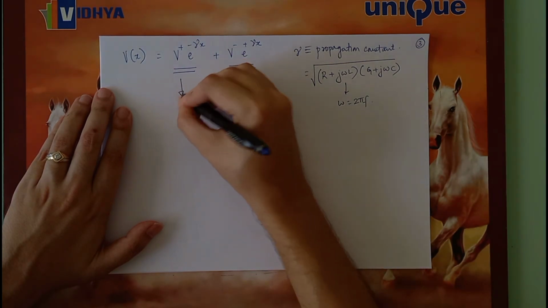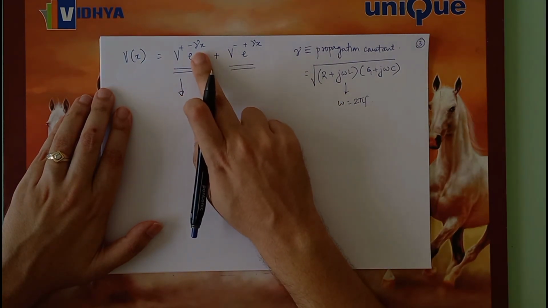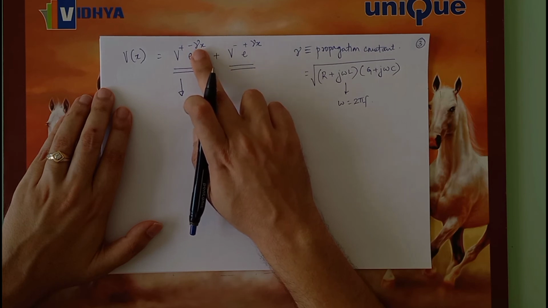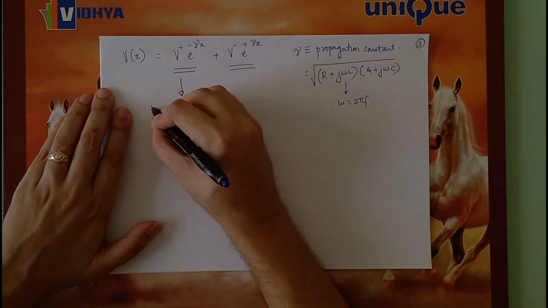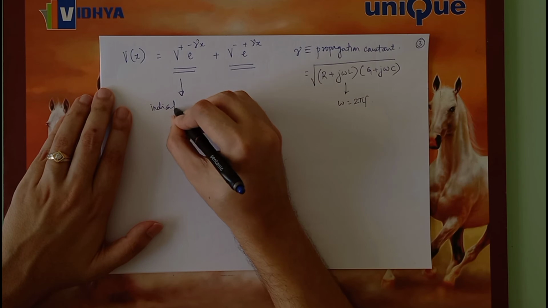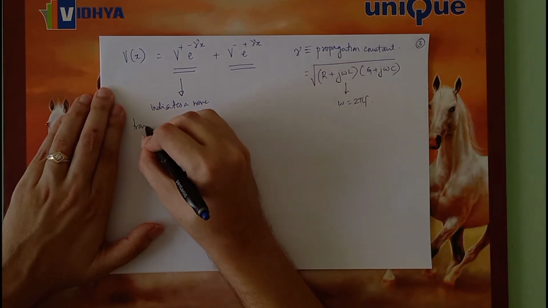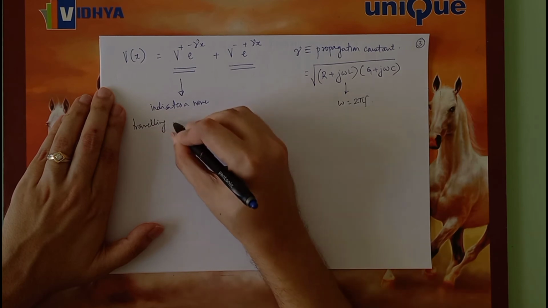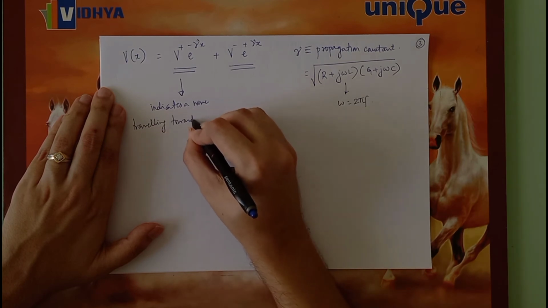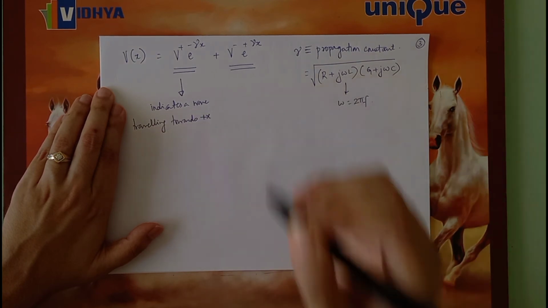Recall that the first term, which is this decaying exponential, that is e raised to minus gamma x, indicates a wave traveling towards the plus x direction.